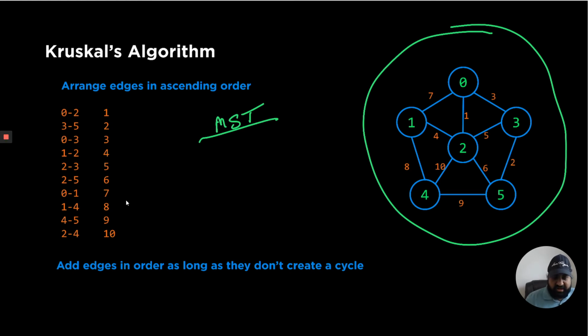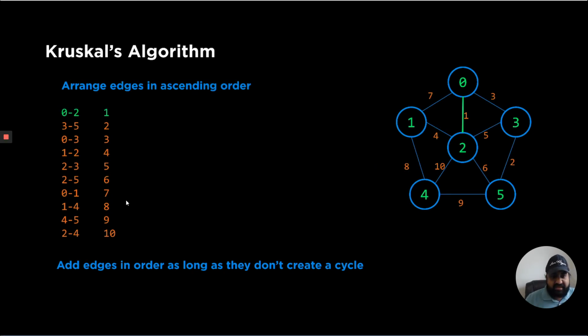So we are going to add both 0 and 2 with weight 1. That means in our final minimum spanning tree, this edge is for sure going to be there. Next, we pick the next smallest edge, which is 3, 5.